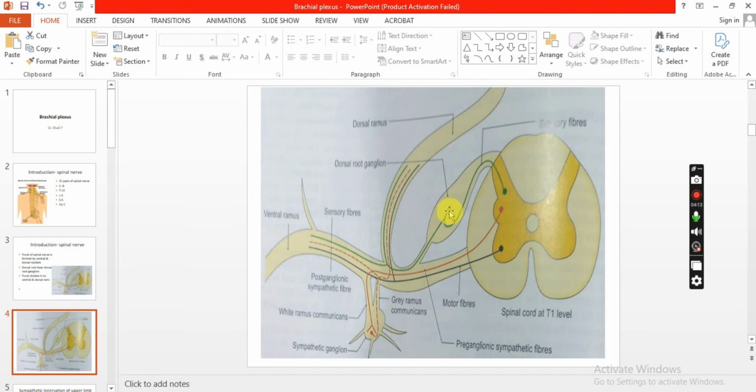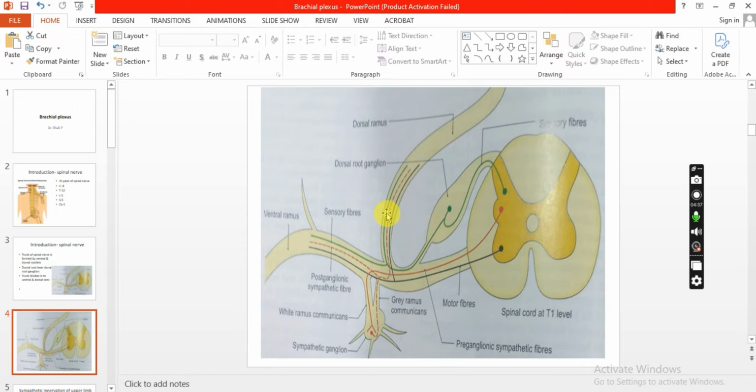The speciality of the neurons in this area is that they are pseudo-unipolar cells. That means this is the neuronal cell body, and from there one process comes out which divides into two. One acts as the central process, the other as the peripheral process.